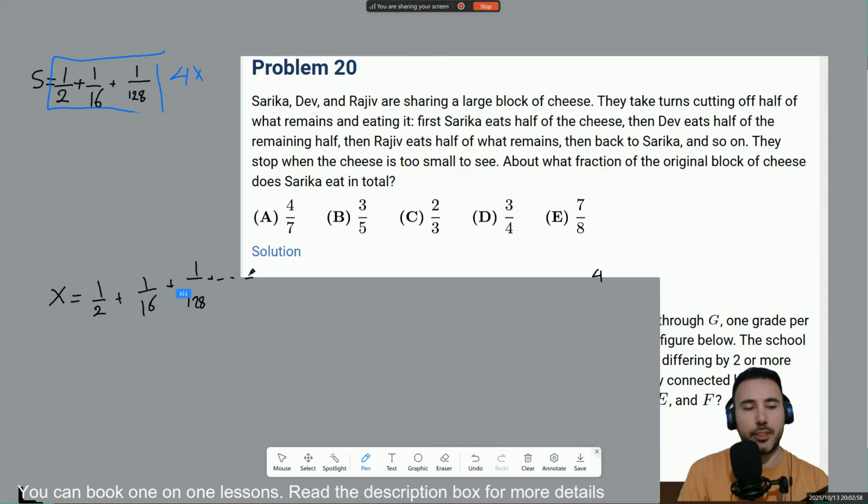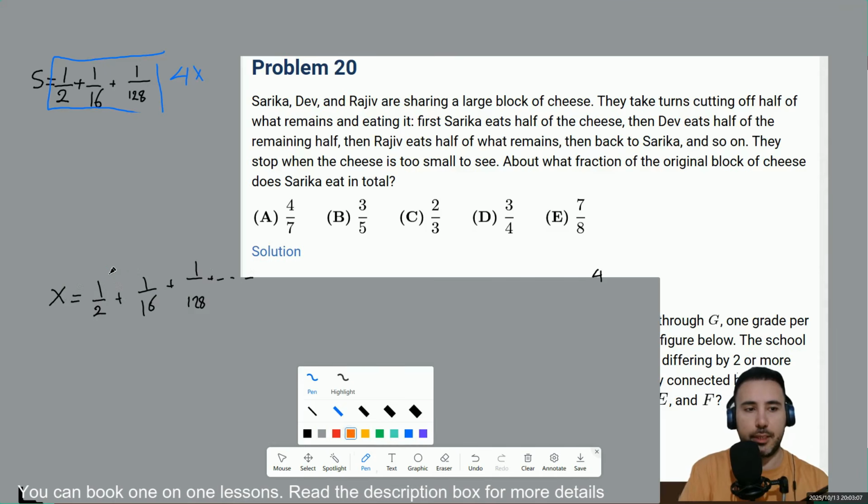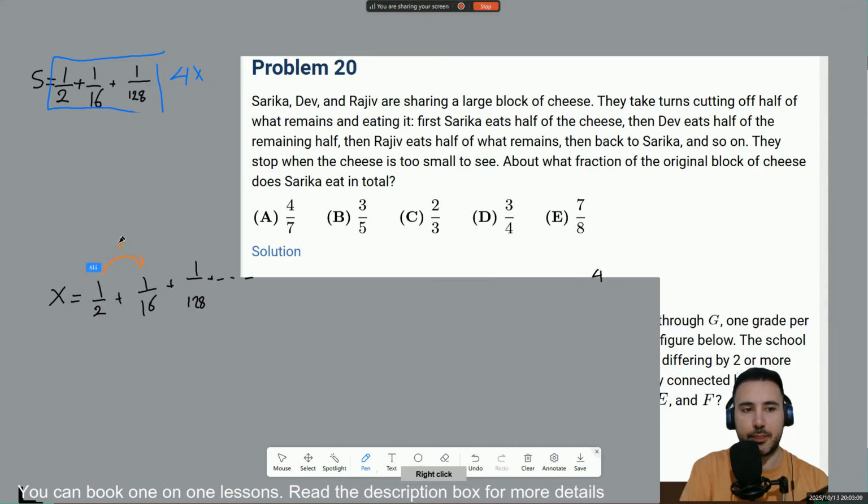So all we need to do is multiply both sides by the common ratio. The common ratio is this: everything is being multiplied by 1 over 8. To go from this one, you need to multiply by 1 over 8. So we multiply everything by the common ratio once.